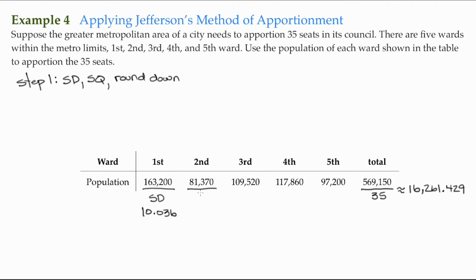We then divide the next subgroup by the standard divisor, and the standard quota for here is 5.003. We divide the next subgroup by the standard divisor of 16,261.429, and the standard quota is 6.735.